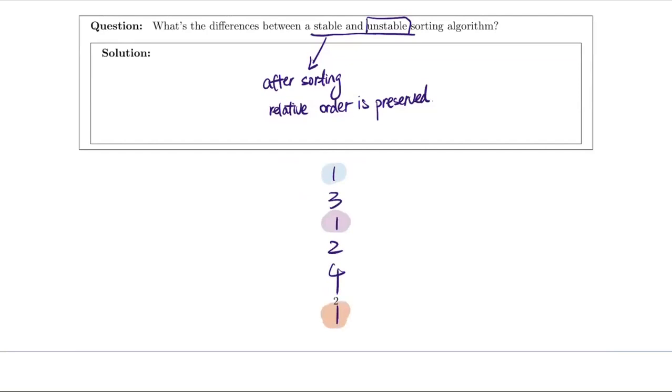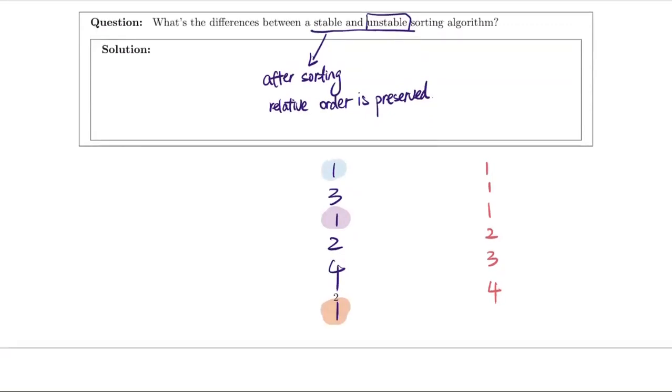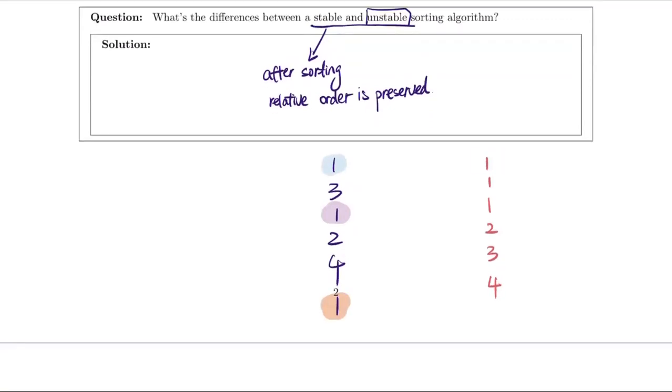In the sorted order, the sorted array is 1, 1, 1, 2, 3, 4. If this sorting algorithm is stable, the blue one should be at the top, the purple one in the middle, and the orange one at the bottom. If you line them up, the relative order is preserved. There are no crossovers.